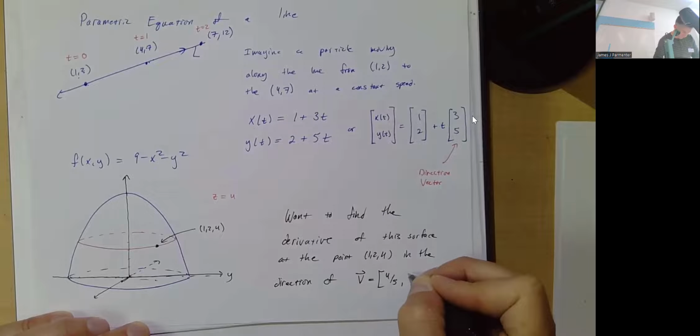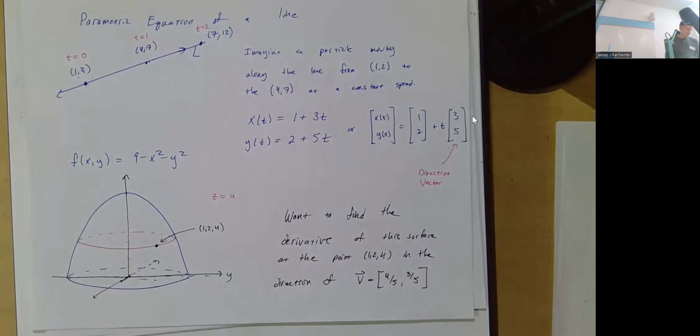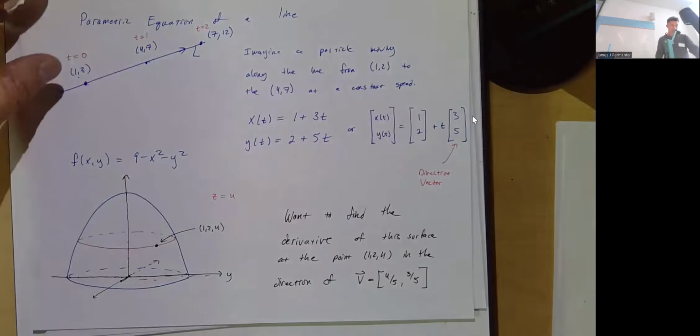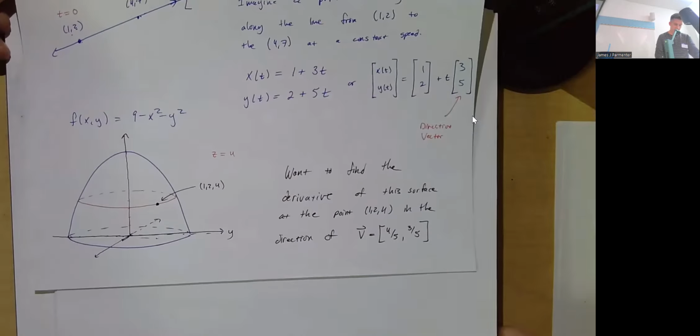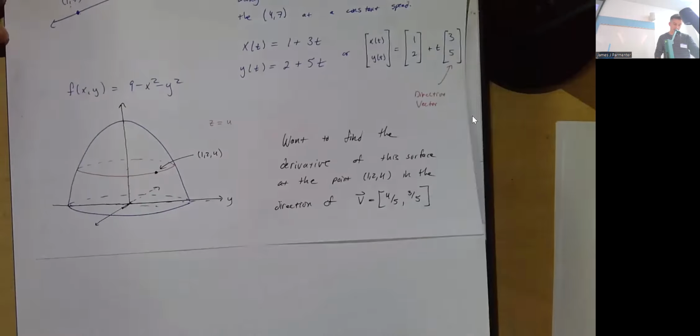And sorry, I've written my vector in a different way than usual. Sometimes people write vectors in different ways. That's what we're going to do. And the way we're going to do it is by parameterizing the line in that direction.